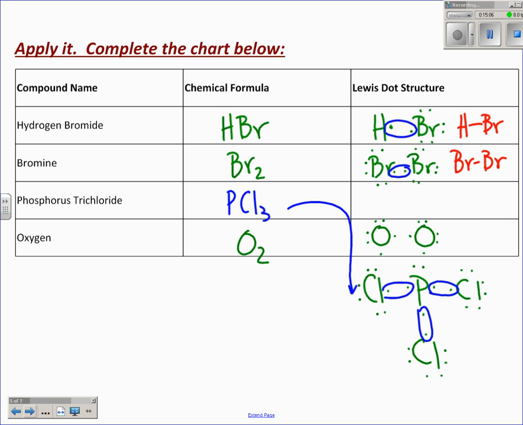If you said that there are 2 shared pairs of electrons between the atoms of oxygen forming a double bond, then you are absolutely right. Oh, I forgot to draw the valence electrons around these guys. Technically, you would want them. Okay, good job.